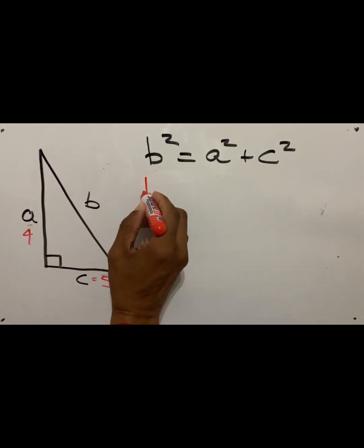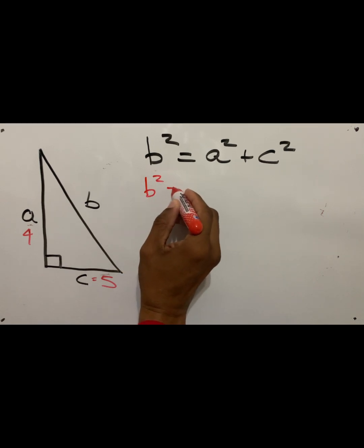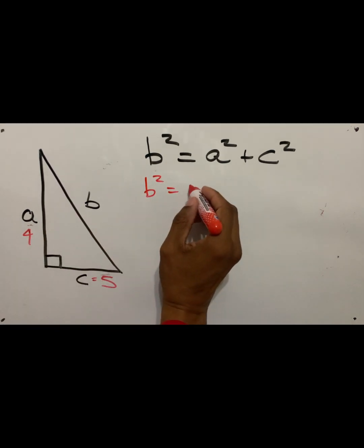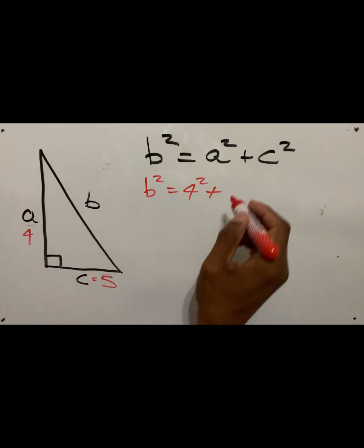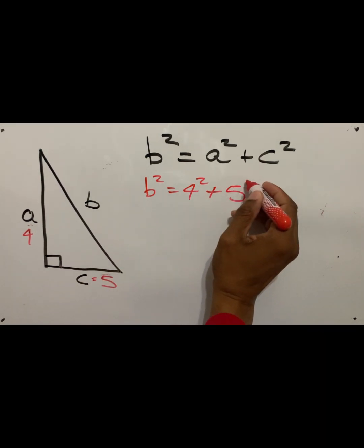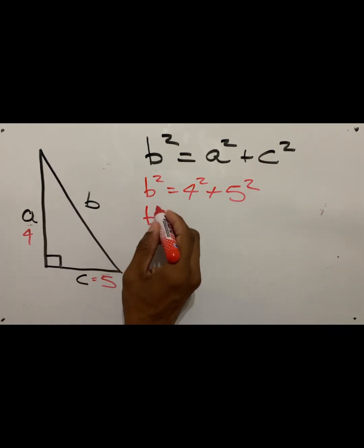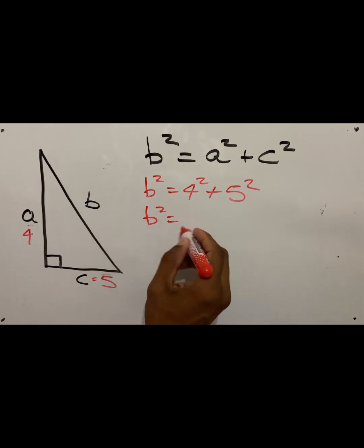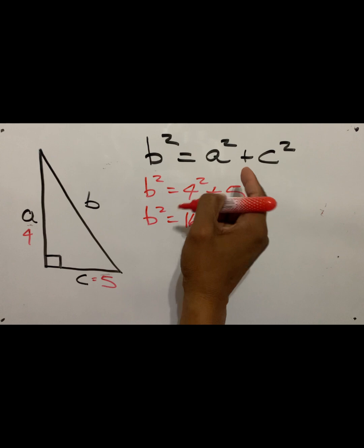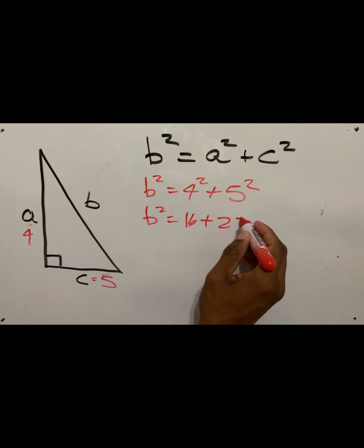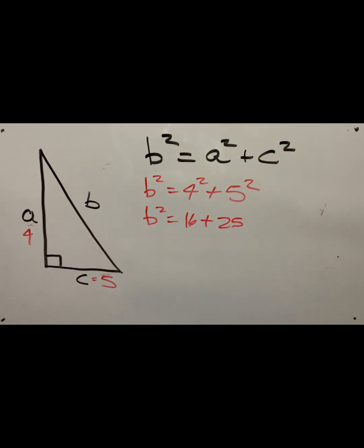So we have b squared is equal to a squared, which is 4 squared, plus c, which is 5 squared. So we have b squared is equal to 4 squared, which is 16, plus 5 squared, which is 25. 5 squared is just 5 times 5, 4 squared is just 4 times 4.